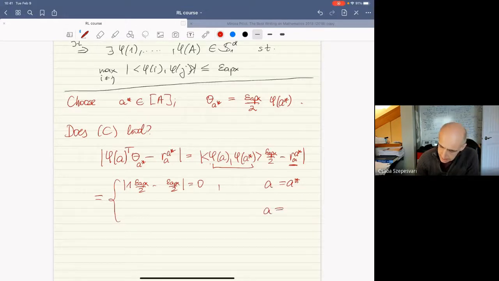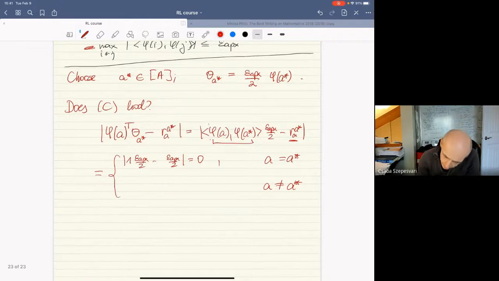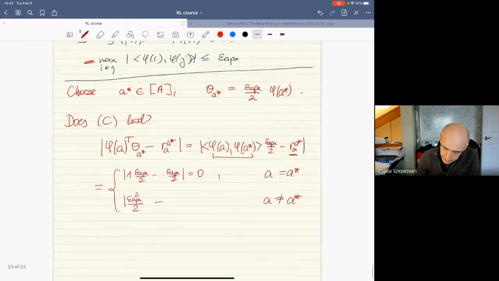And when A is not equal to A star, then we know by the choice of these vectors that their inner product is smaller than or equal to this approximation error. So you get this approximation error squared over 2 minus the reward, which has to be 0.